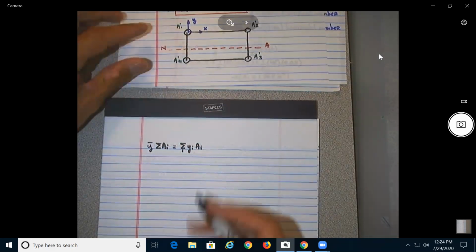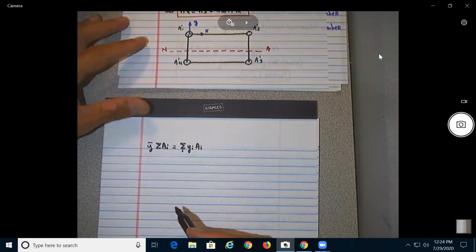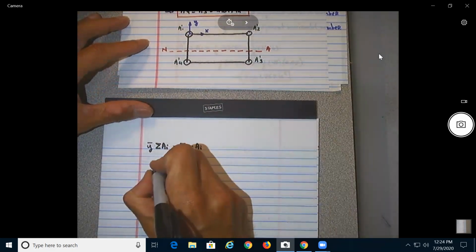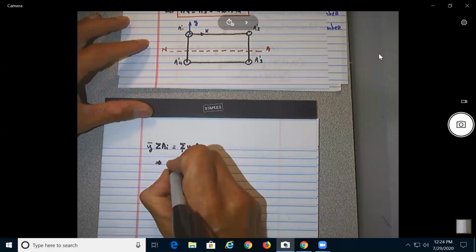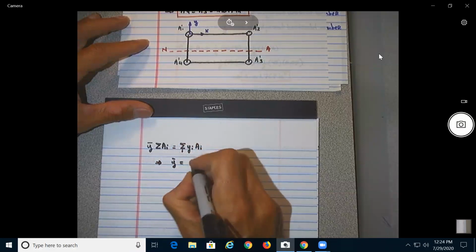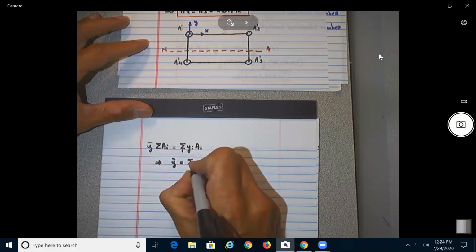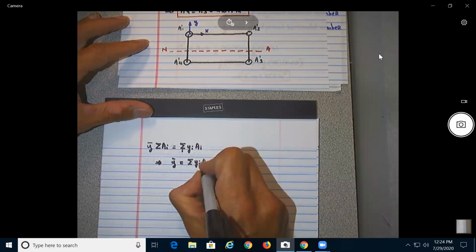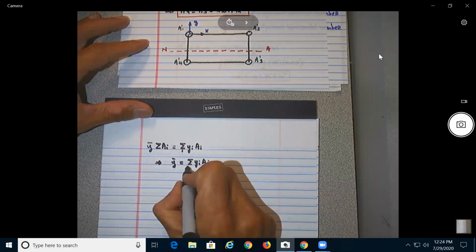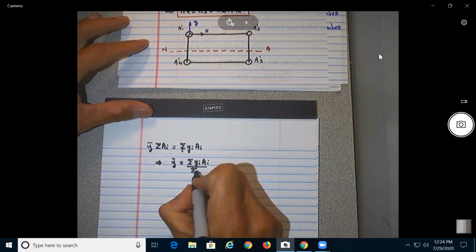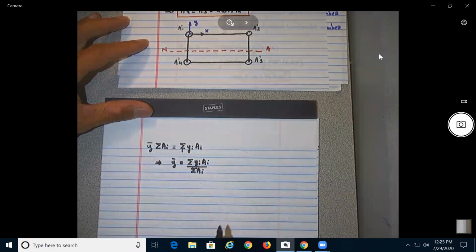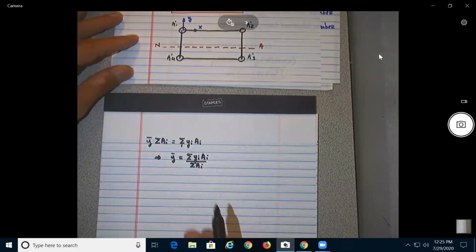This is the definition of the centroid. So the location of the centroid, Y bar, is equal to the moment created by each one of those areas divided by the sum of all the areas.